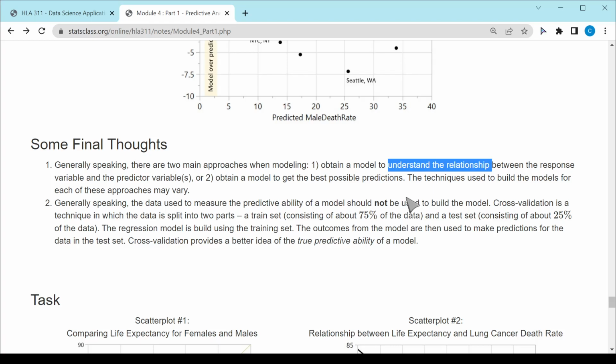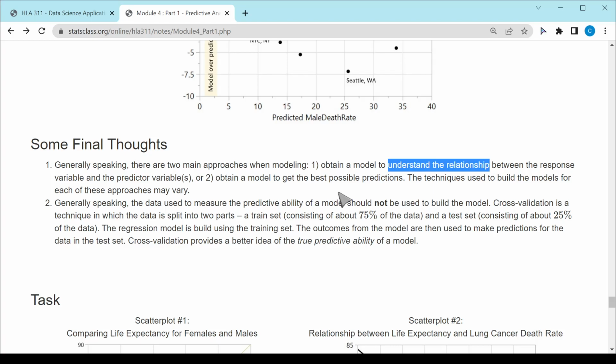So not really worry about the relationship between those, but just get the best possible predictions. Generally speaking, when we talk about statistical modeling, we are more in the camp of number 1 here, trying to understand the relationship between the variables.